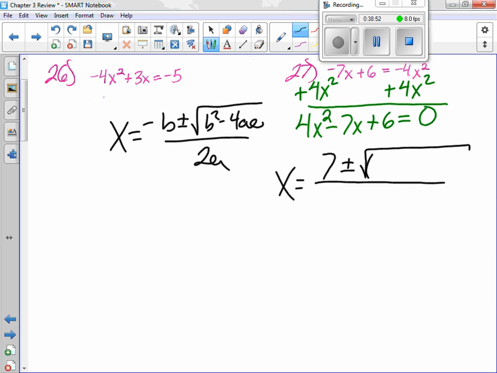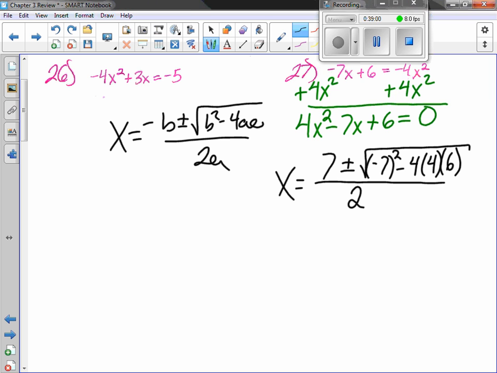Then we would have negative 7 squared minus 4 times a, which is 4, times c, which is 6, all over 2a. And that would be 2 times 4, which would give me 8. Any questions on how we got to this point here?